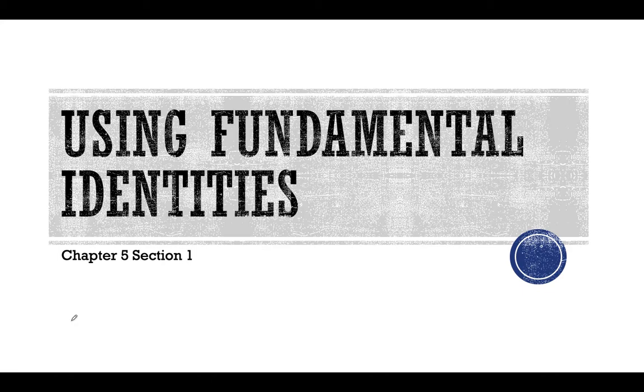All right, so the first thing we're going to do is introduce you to our fundamental identities, and they are really going to be the building blocks of, again, a lot of what we do here in chapter 5. So let's begin with our 8 fundamental identities. We have 8 identities that are grouped into 3 different groupings.